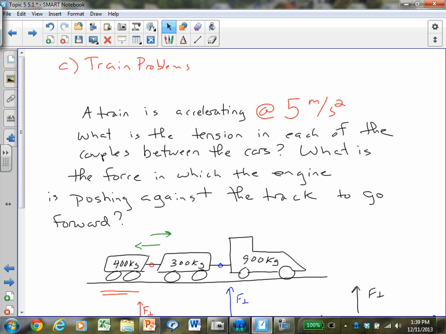So, anyways, train problems. Trains have very little friction between the car tires and the track. Most of the friction comes from the engine pushing on the track and it going forward, but even that's pretty small, and it actually slowly accelerates the train up to speed.